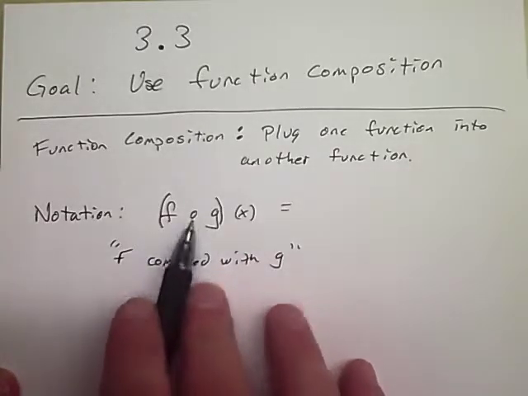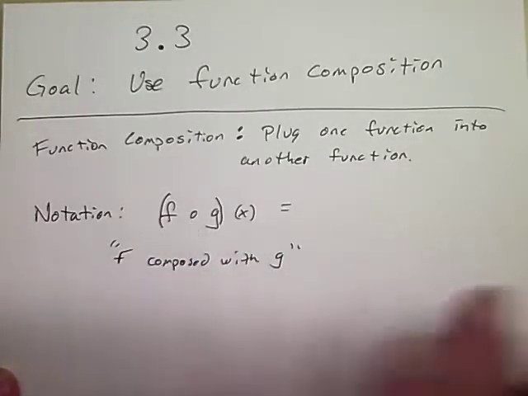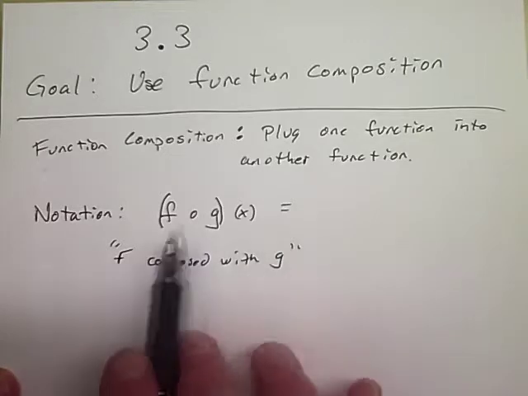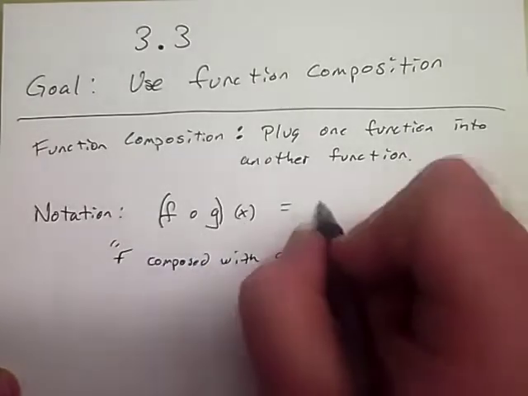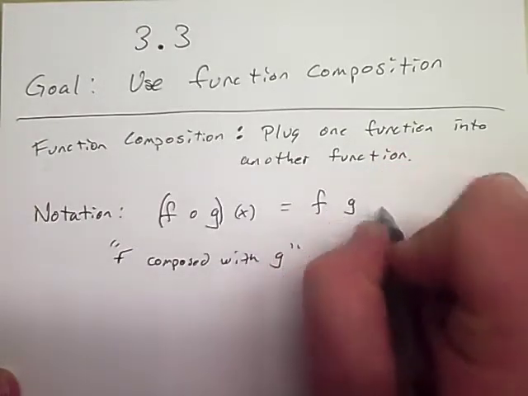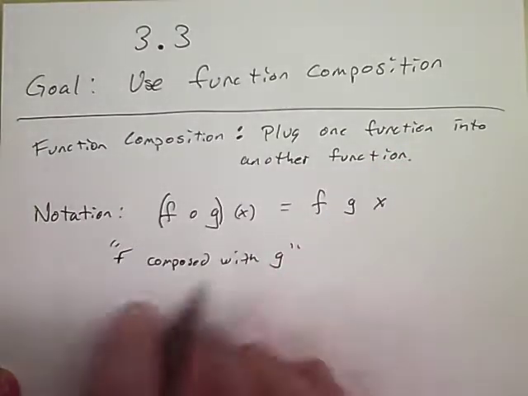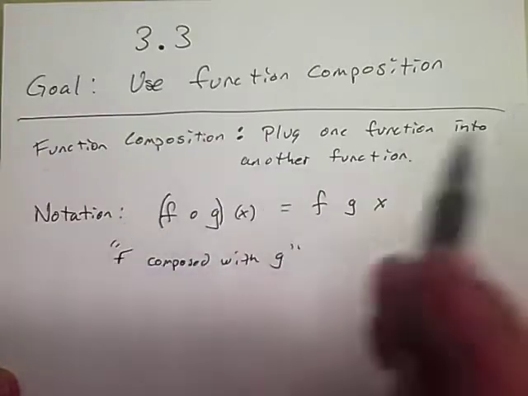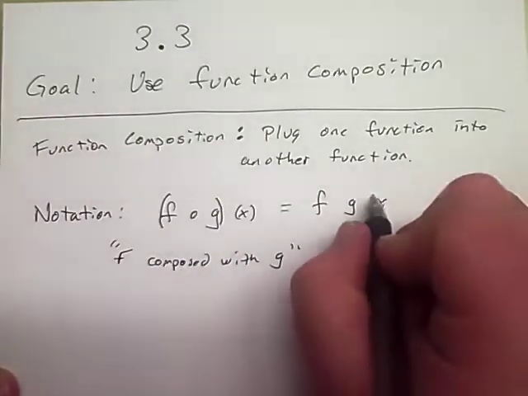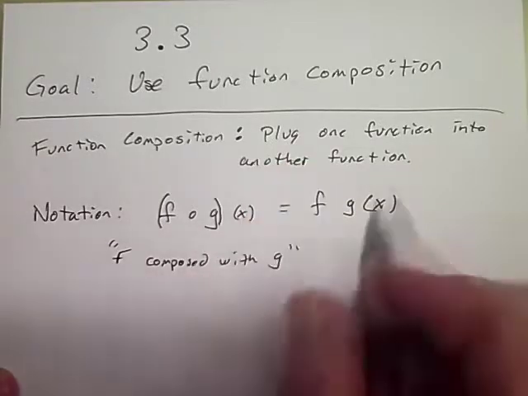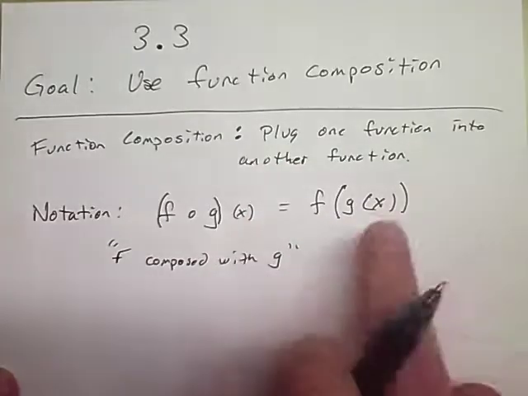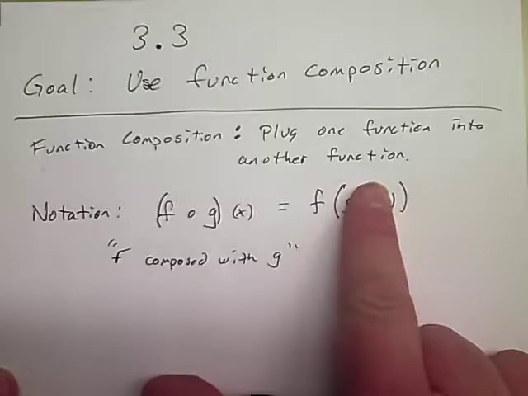I don't like this as much as I like it written another way. So I'm gonna write the letters f, g, and x in the same order. And now I'm gonna rearrange my parentheses. Right now, look, it just looks like g of x. And now, if I put my finger here, it looks like f of x.